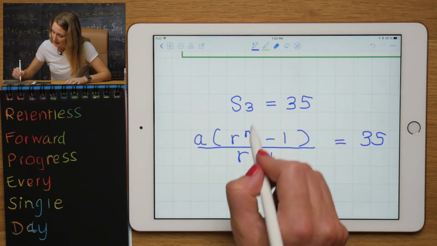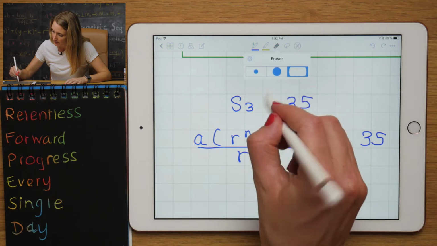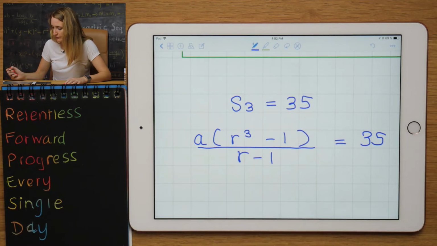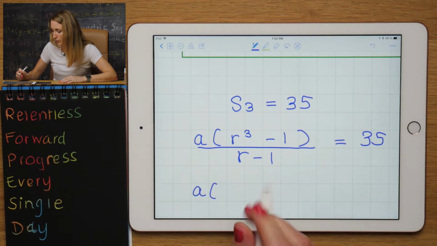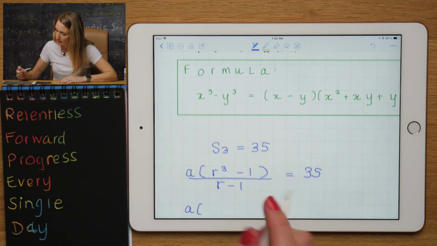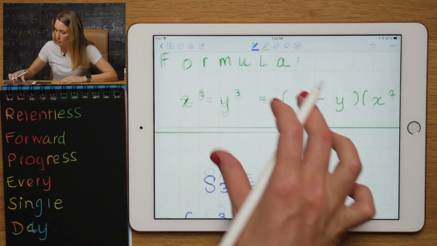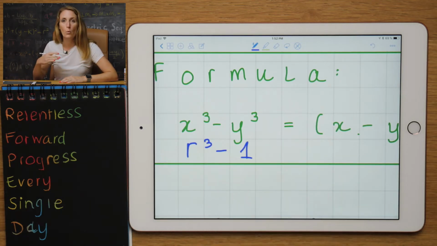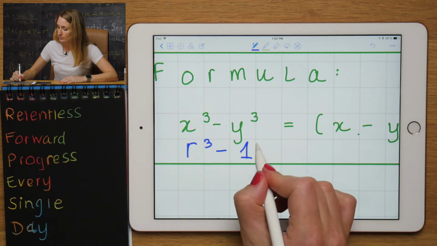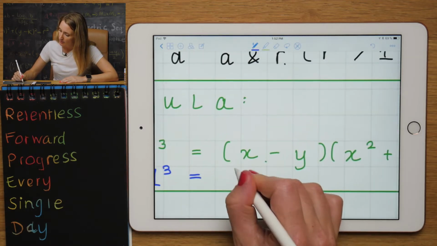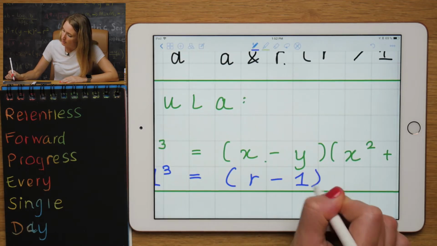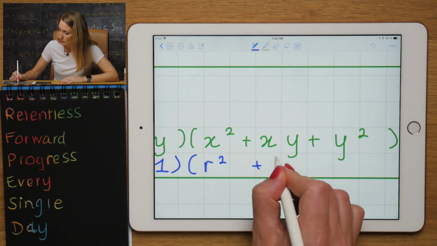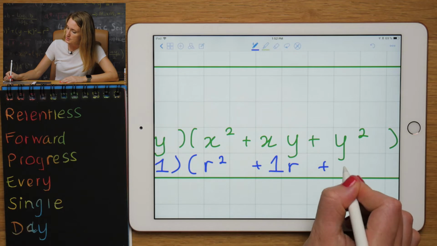So this n here, I'm going to change to 3. Now, where the formula that we've learned up here becomes useful is you see I've got R cubed minus 1. So R cubed minus 1, and 1 is the same as 1 cubed. So I'm going to have R minus 1, R squared plus R times 1 is 1R, plus 1 squared is 1.